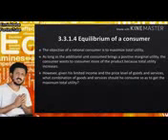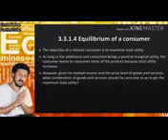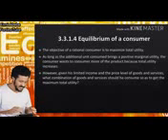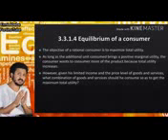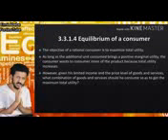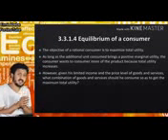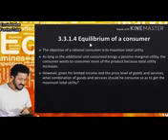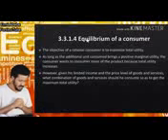So we have to find the exact point at which the consumer must stop consuming, and that point is called the equilibrium quantity.